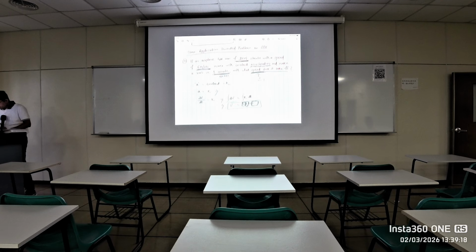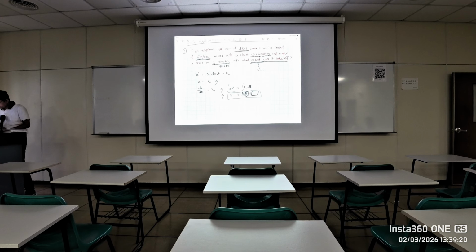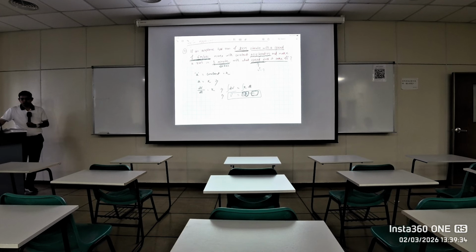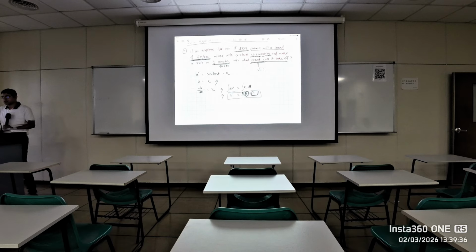Now, if you look into this question, it is mentioned that the airplane starts with a speed of 6 meters per second. From the beginning it starts with a speed of 6 meters per second.